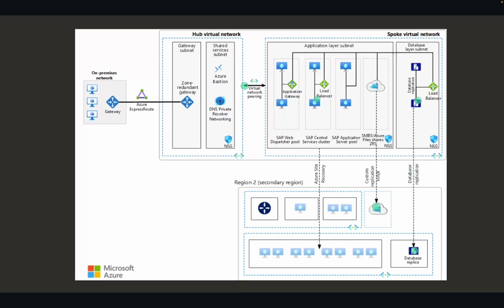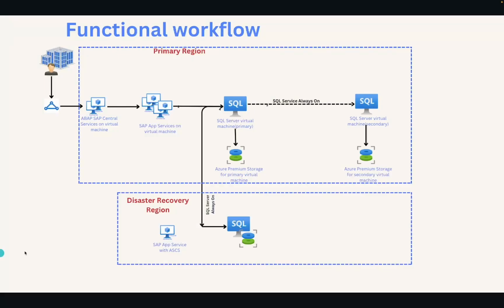Now let's look at the functional flow. You can see that there is a user and the user is getting authenticated to the Web Central services. You might want to pull a report and the request is sent to the app servers, and then it goes to the SQL Server, and from the SQL Server there is a replication happening via SQL Server Always On.